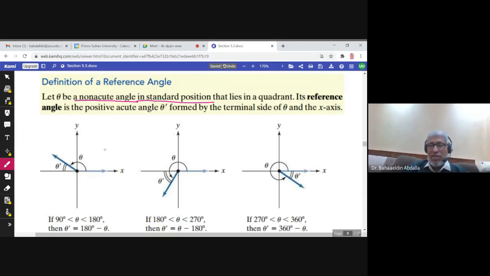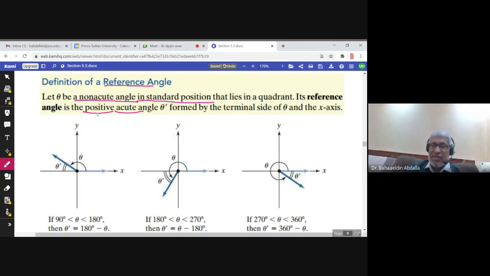Non-acute, so he is not considering the first quadrant angles. The reference angle of theta is positive. It cannot be negative. It has to be an acute angle.